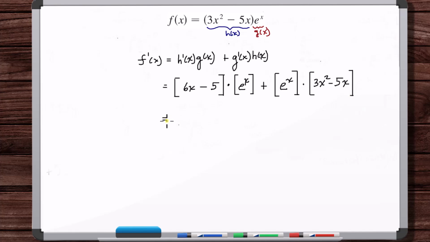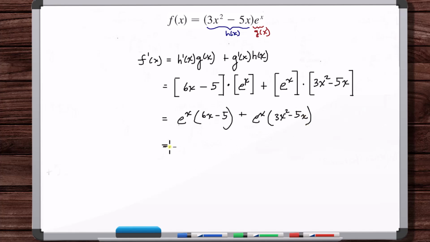Now let's simplify this. So e to the x times 6x minus 5 plus e to the x times 3x squared minus 5x.